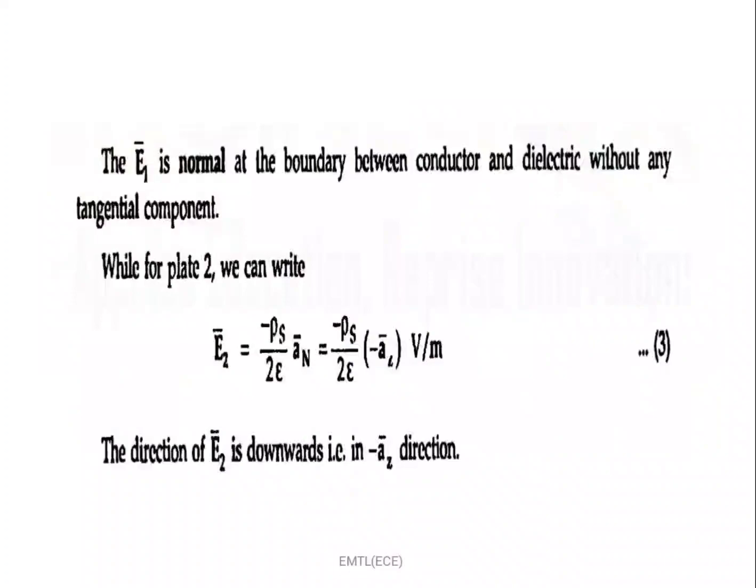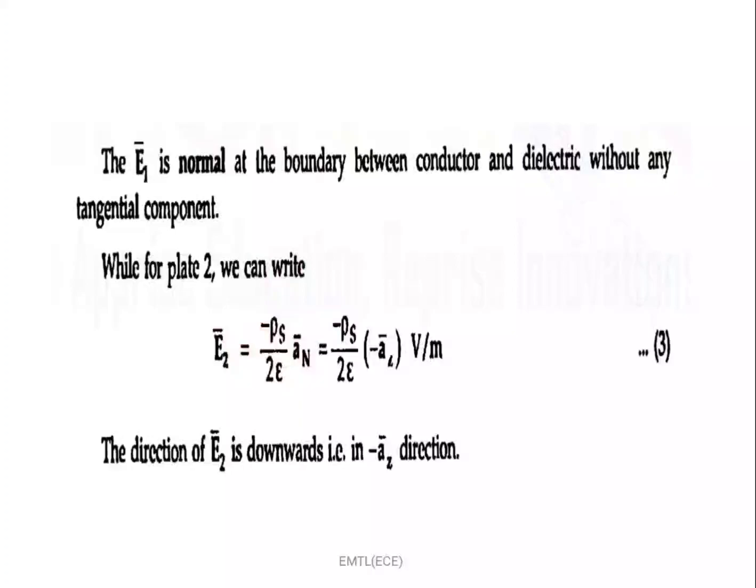Hence the electric field intensity formula for an infinite sheet is now applicable for plate 2. Then E2 is written as minus rho s by 2 epsilon a n bar. Here the minus rho s means the charge accumulated on plate 2 is negative, that is, the surface charge density is minus rho s.